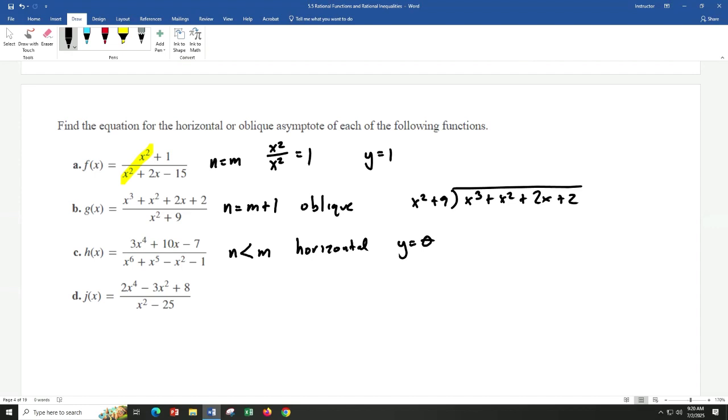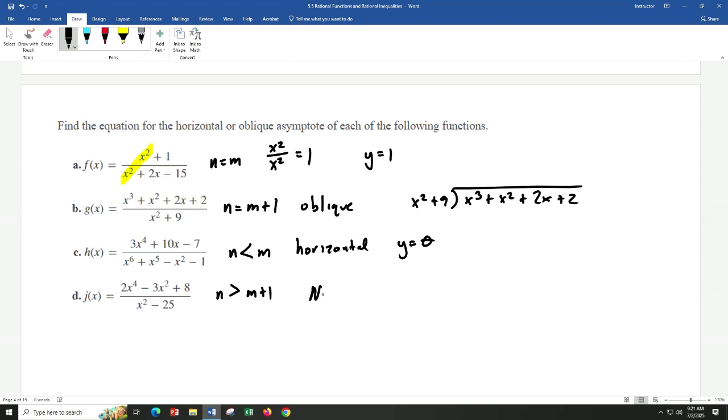The next last one, you've got, look, n is greater than m, but you don't have one that's just like that. You have n is greater than m plus 1. Notice on this one, if you remember, n greater than m plus 1 says you do not have a straight line, horizontal or oblique asymptote.